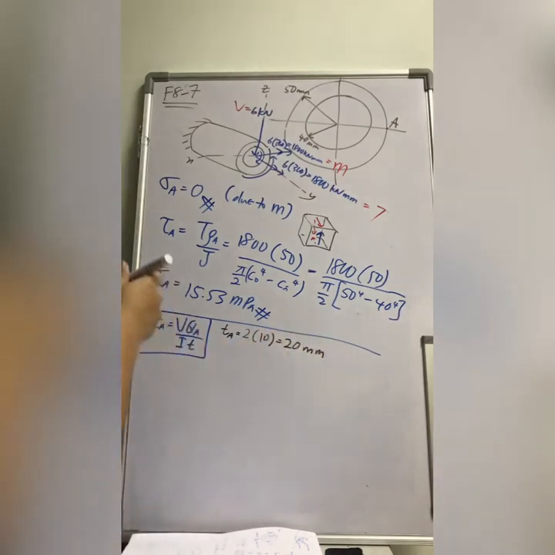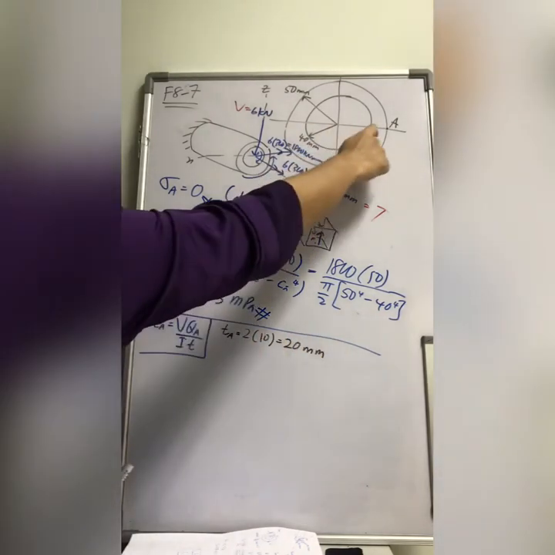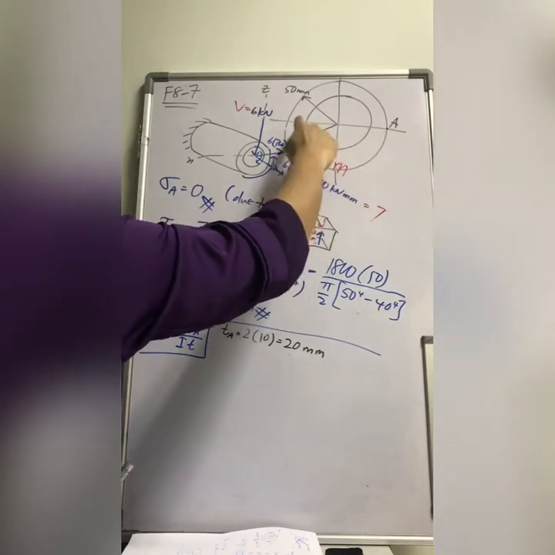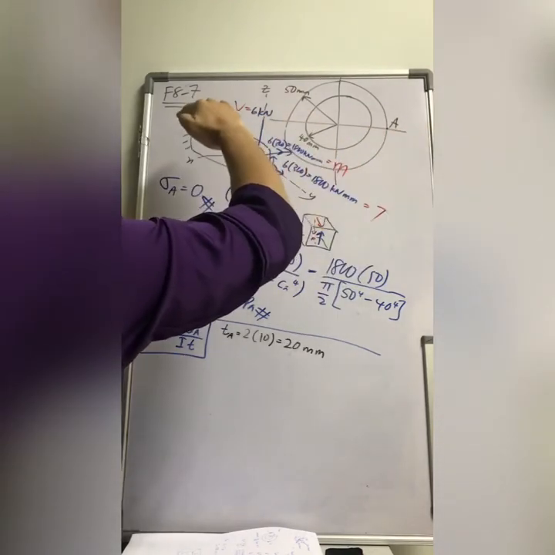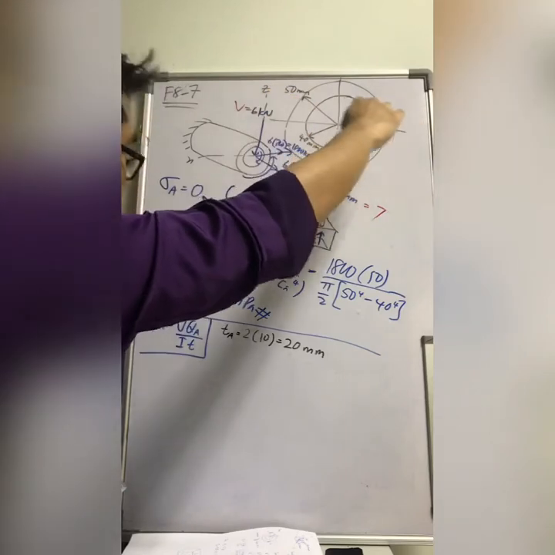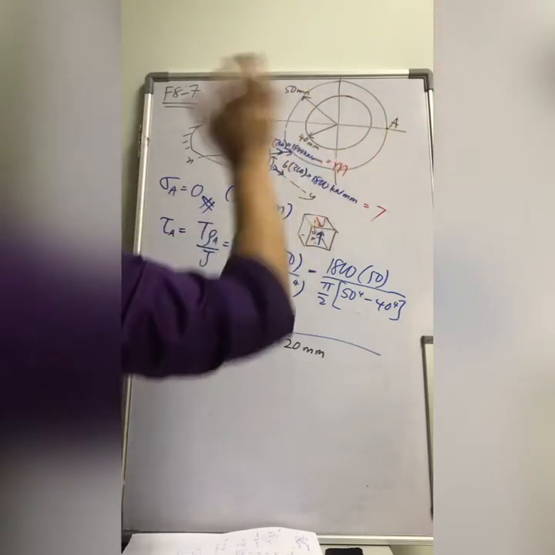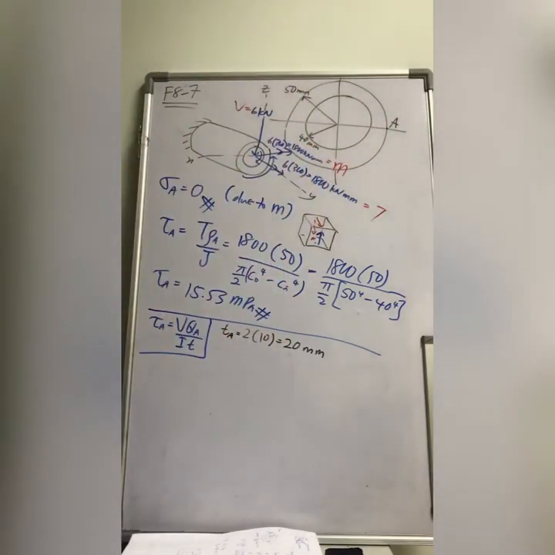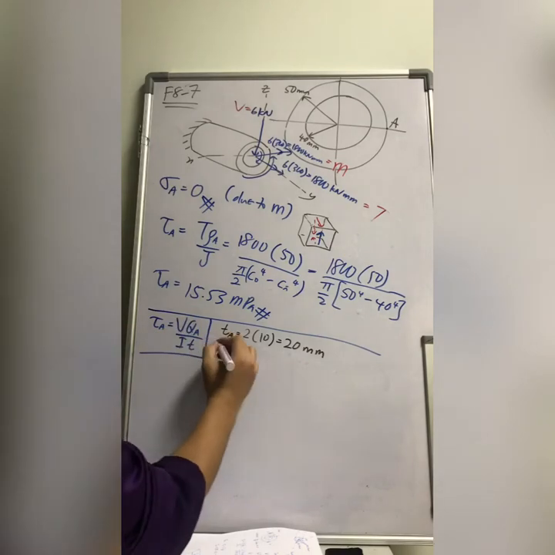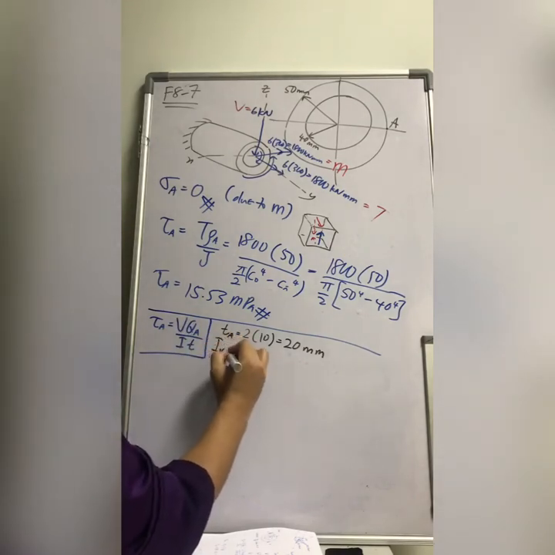Please understand that. Even if you find here, it will be here and here. Along a line which is parallel to the neutral axis, you have to take whole thickness, solid thickness.